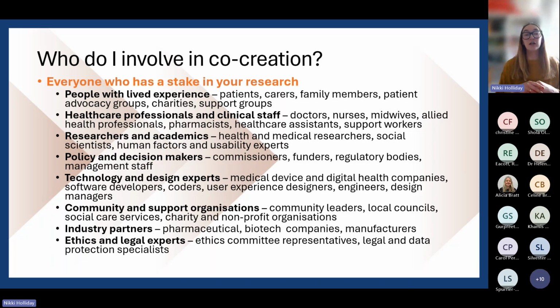You can think about including wider community and support organisations, so local community leaders, local councils, social care services, charities, and industry partners and people with expertise on ethics. So this isn't an exhaustive list, and you don't have to include everyone on these lists, but it shows the range of people that you can include when you're thinking about co-creating research or co-creating new healthcare services.